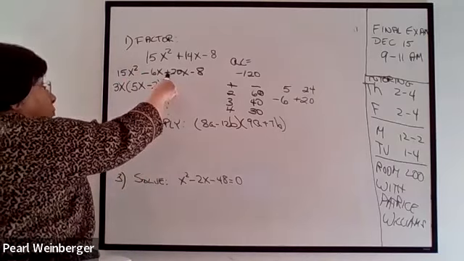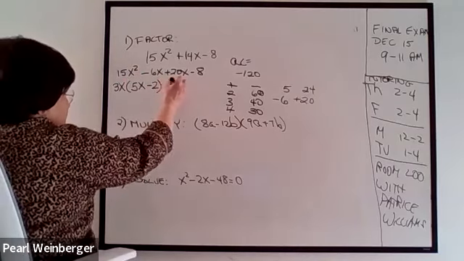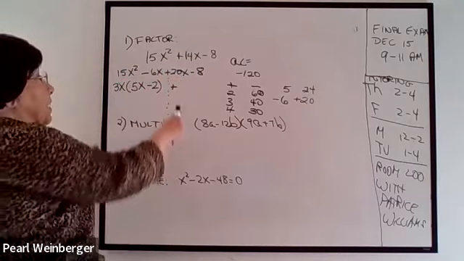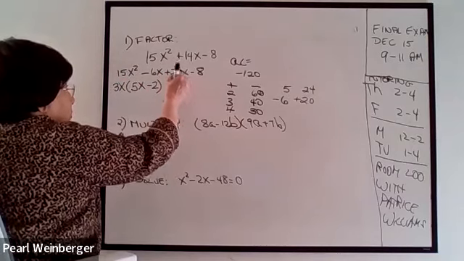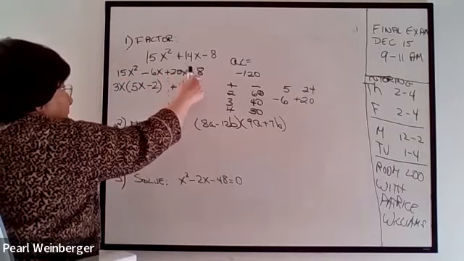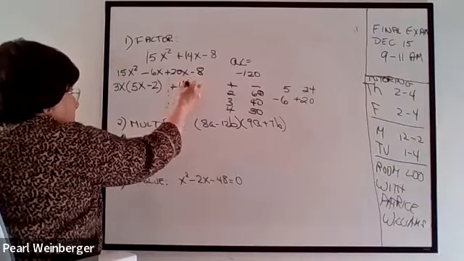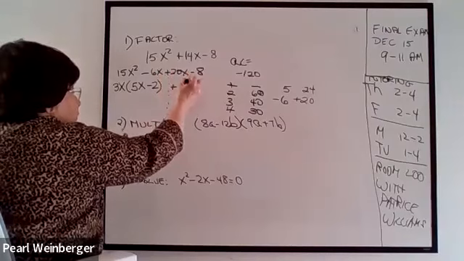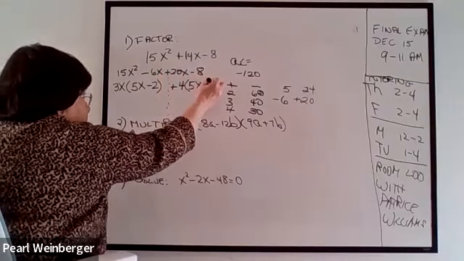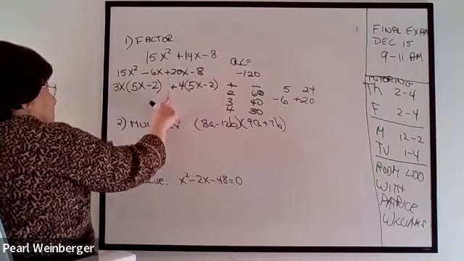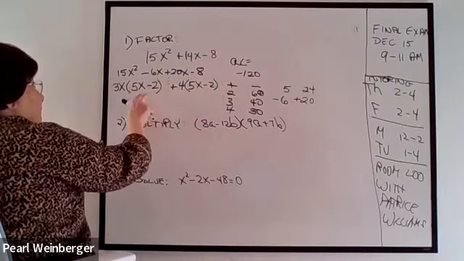In my second group, which starts with a plus, I have a common factor of 4. 4 goes into both 20 and into 8. So 4 into 20x gives you 5x, and 4 into -8 gives you -2.